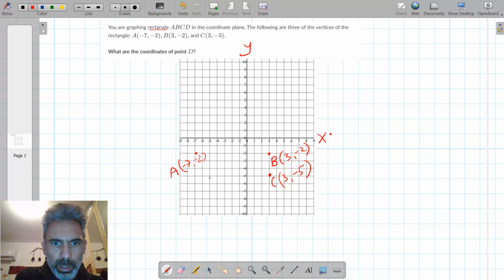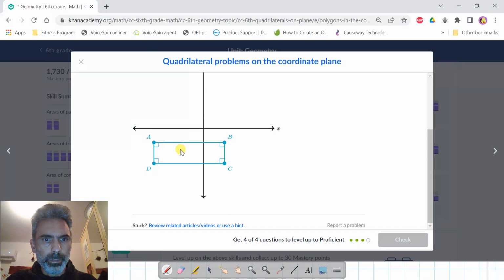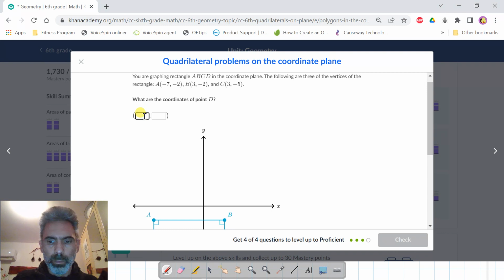And it needs to be on the same x coordinate as point A. So this is point D. It has the coordinates of -7, same x coordinate as point A, and same y coordinate as point C. So the coordinates of point D are -7 and -5.